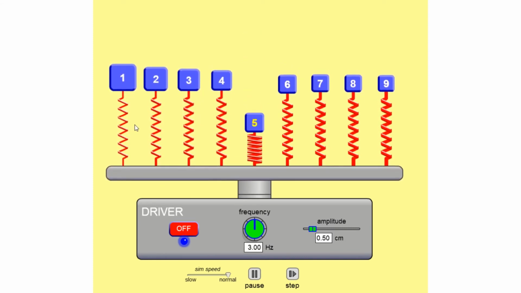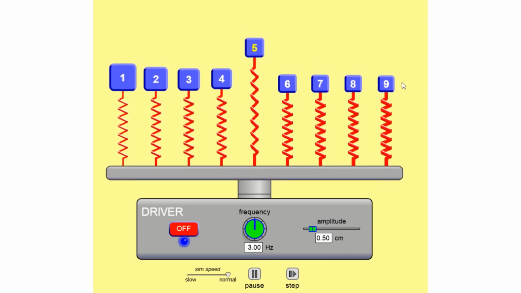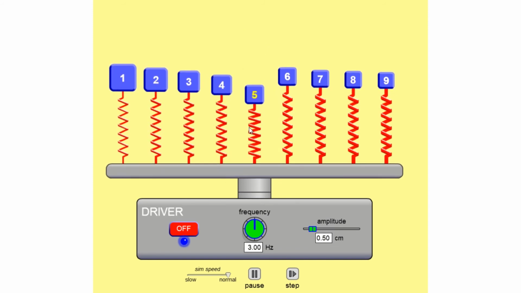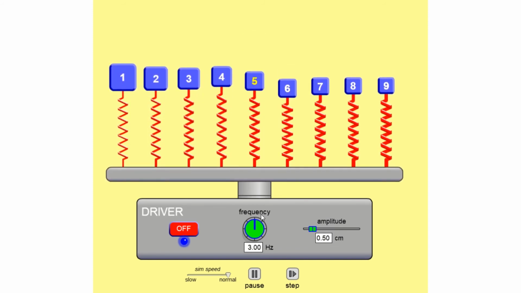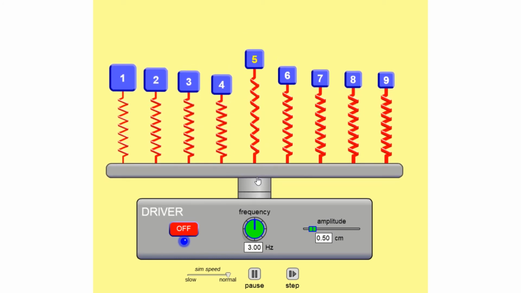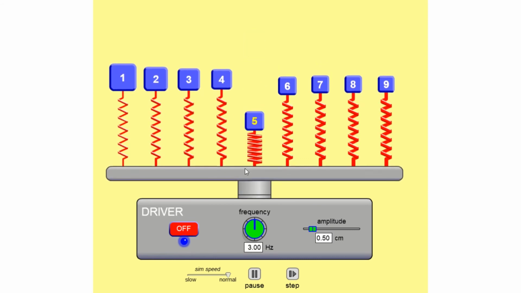However, the system is moving at 3 hertz. Everything here is moving up and down at 3 hertz. Number 5 is resonating, isn't it? Because the periodic driving force matches its natural frequency, causing this catastrophic behaviour.